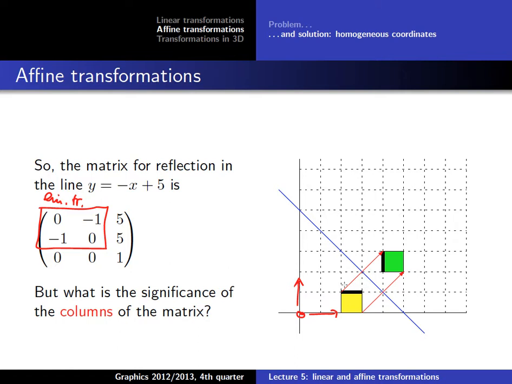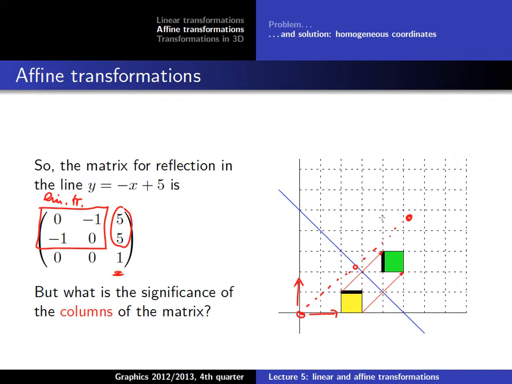Now for the translation, of course, that doesn't make sense, because for the translation we need to consider the whole affine transformation. And if you look at it, you will see that these here are exactly the image of the origin under the affine transformation.